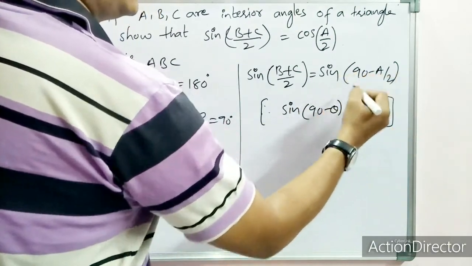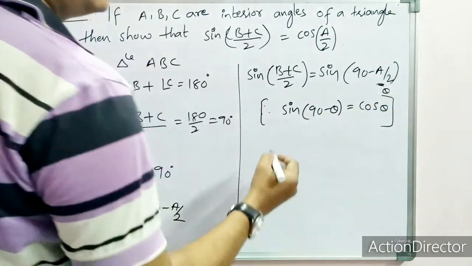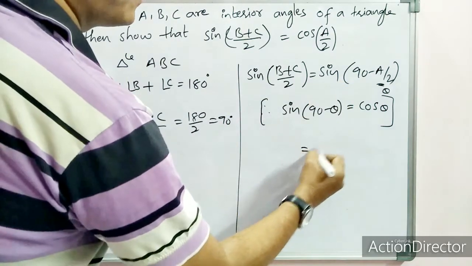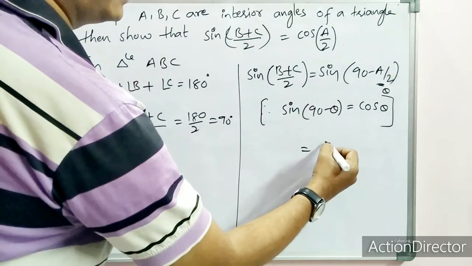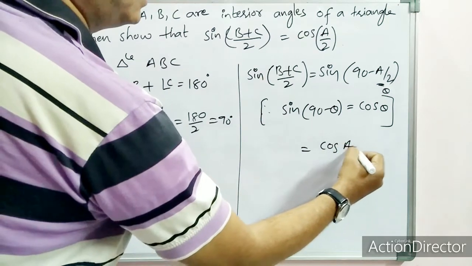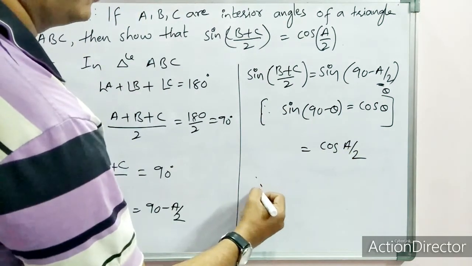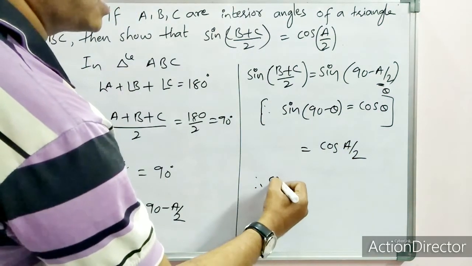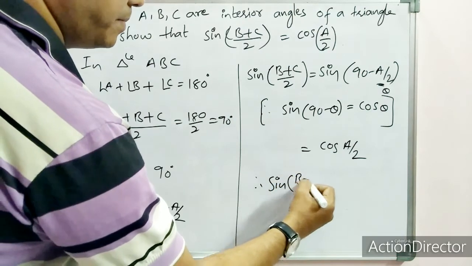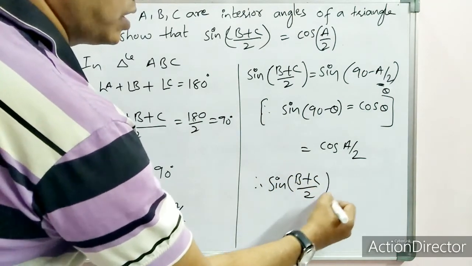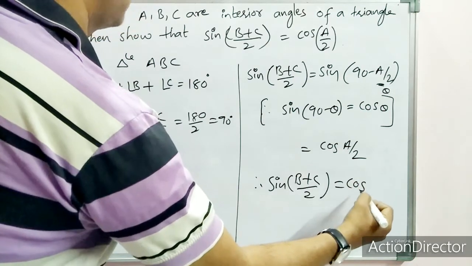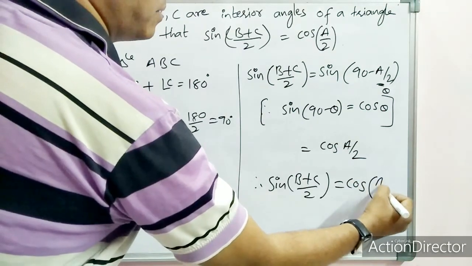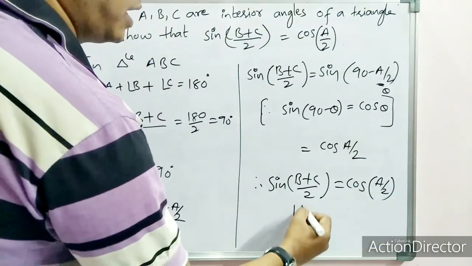Instead of sin (90 minus A by 2), I can write cos A by 2. So finally, sin of (B plus C) by 2 equals cos A by 2. Hence proved.